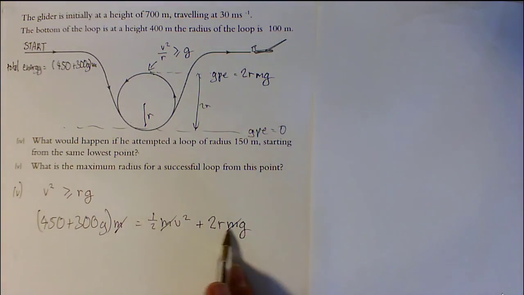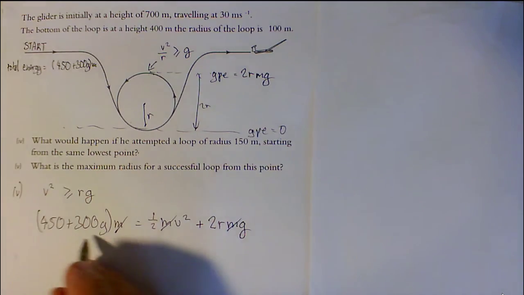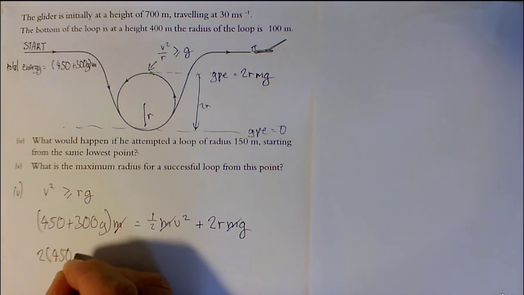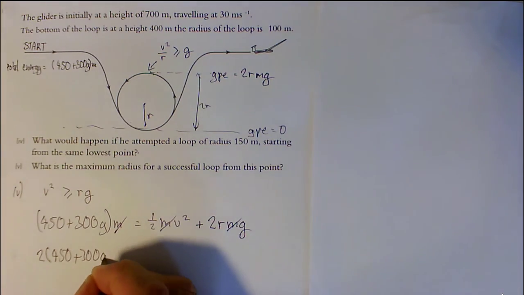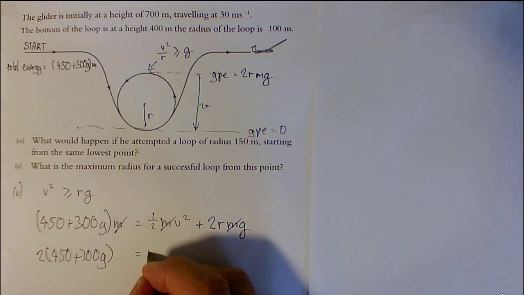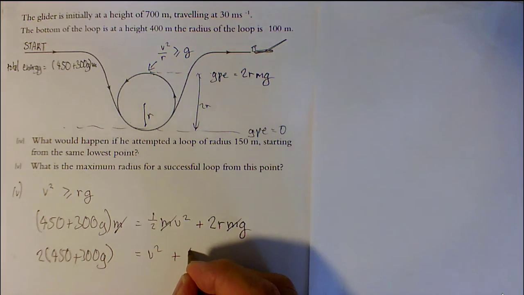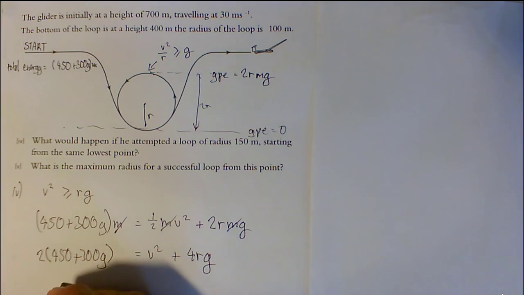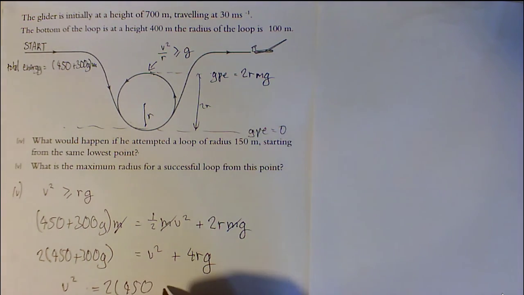I can multiply everything here through by 2 to get 2 times (450 plus 300g) equals v squared plus 4rg. I can take my 4rg over to the other side, so I now get v squared equals 2 times (450 plus 300g) minus 4rg.